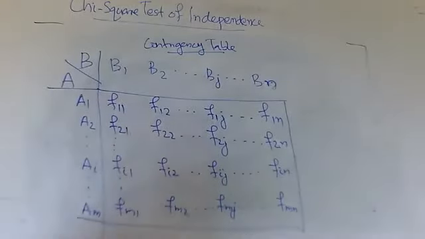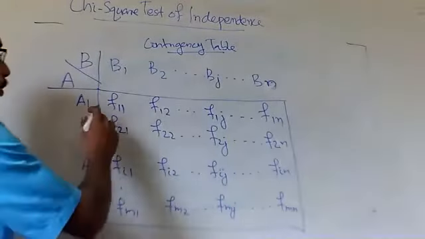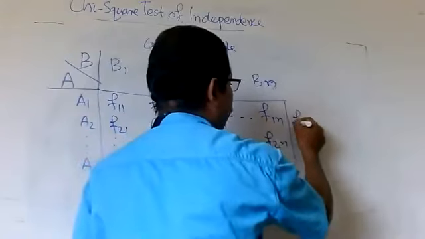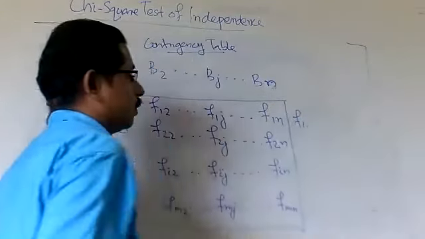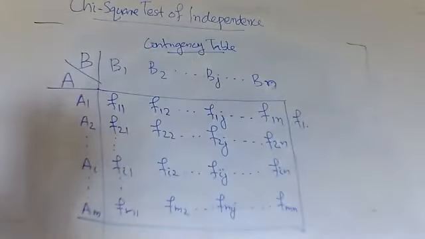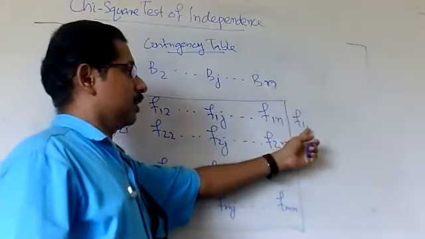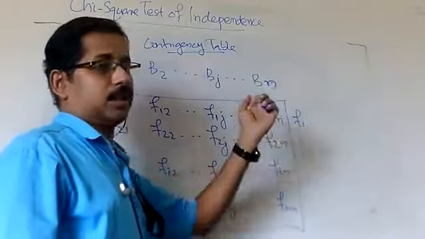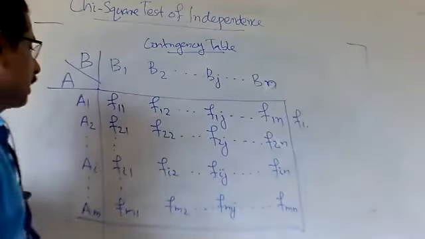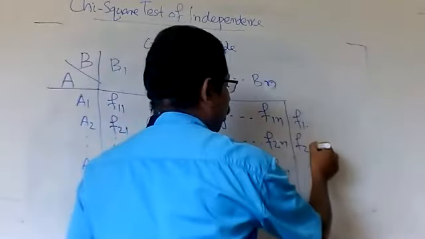For the first row, I denote the total as F1 dot. Dot means the first suffix is fixed, that is 1, and the dot is changing. For the second row it is F2 dot.